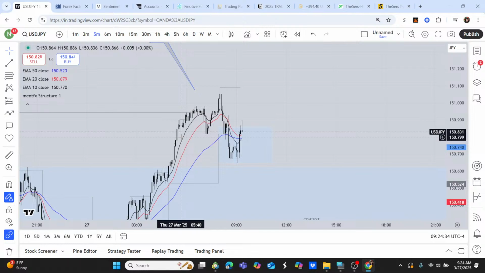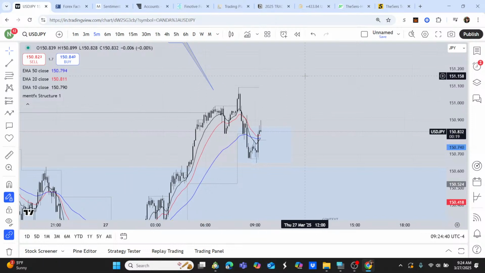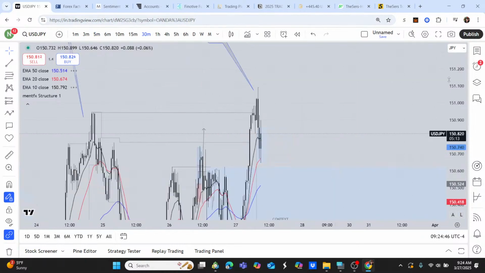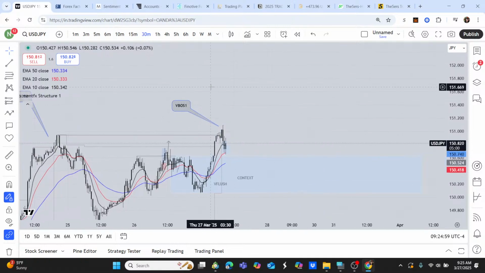There are times where I would aim for a set 1 to 2, which I just started testing as well, based on where we are in the cycle. I talk about this: after you get the flush, you're going to notice at least 4 to 5 of these fractal breaks of structure that pause on the 10 and 20, if it really wants to make a trend.